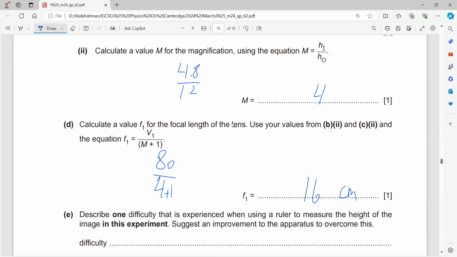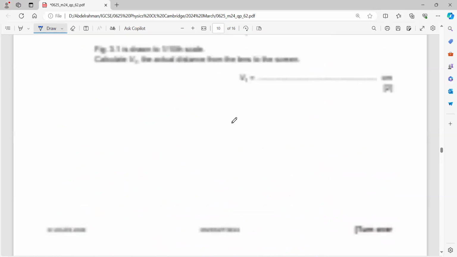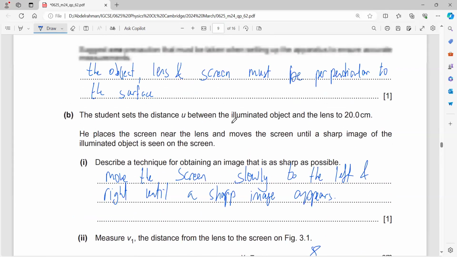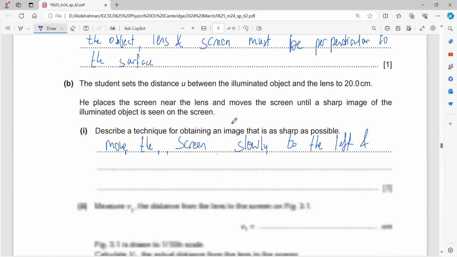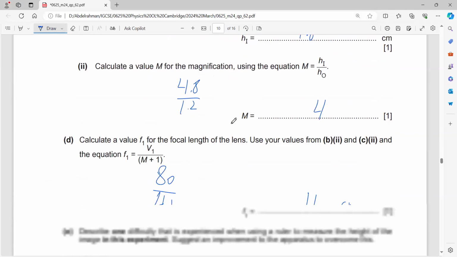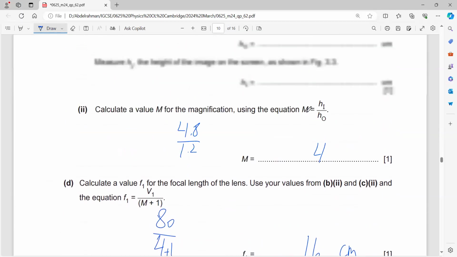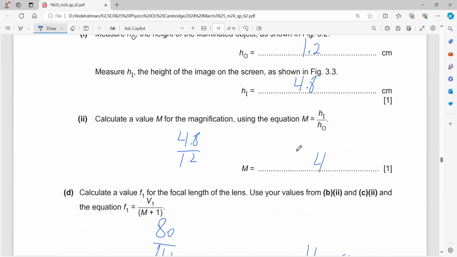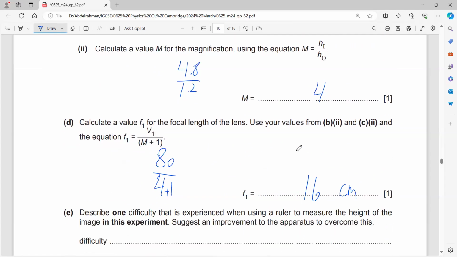Again, this is a focal length, so you need to write down the unit. Usually the unit is centimeters. The magnification does not have a unit. Why? Because it's a ratio, therefore there is no unit for the ratio.